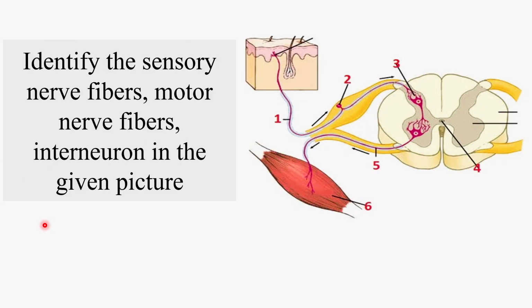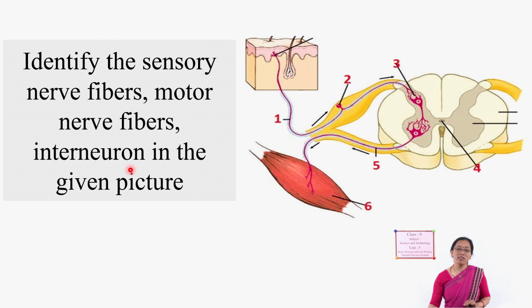Next, just take the figure I have shown, based on what we have learned here. Can you identify which one is the sensory nerve, which one is the motor nerve, and which one is the interneuron in this figure? Here is the skin, and a small hairy outgrowth is shown.